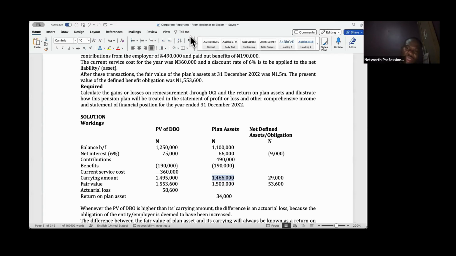To reduce it because you are taking it from it. It's just like you are contributing money and you now need it. It will reduce the money you have now. This is like the money the company has been contributing. Now somebody retires, they want to pay the person. They take it out from it, and the equivalent obligation is erased because now we are not owing the person again.